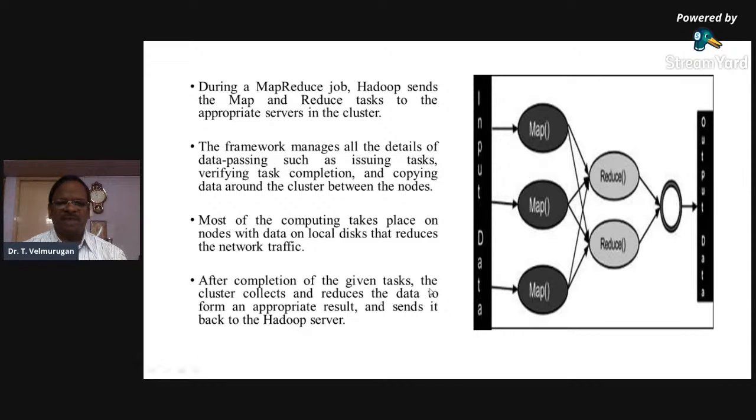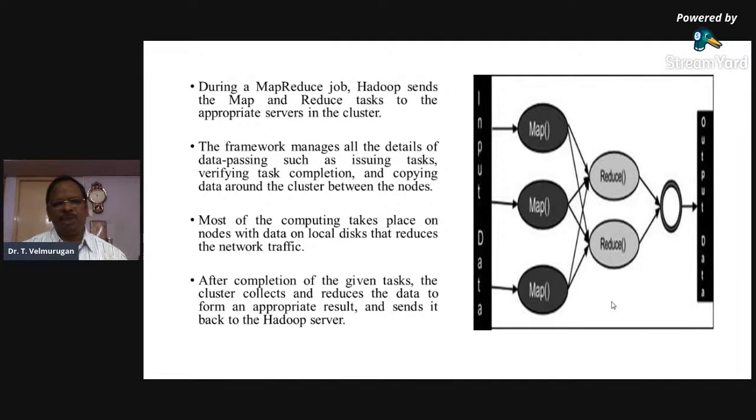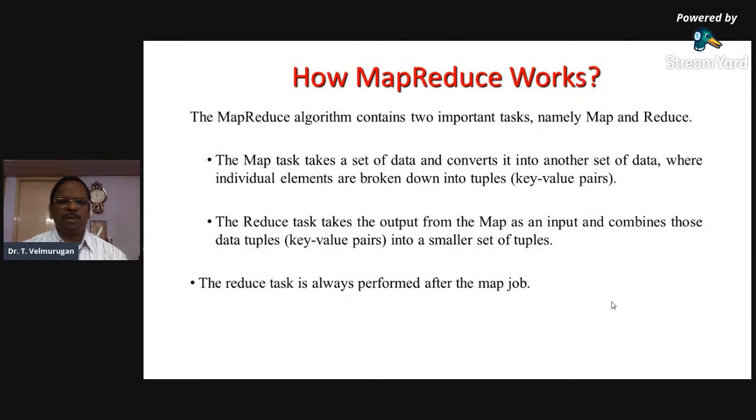After completion of the given task, the cluster collects and reduces the data to form an appropriate result and sends it back to the Hadoop server. This is the small kind of work done by the map and reducer tasks. How does MapReduce work? This algorithm contains two important tasks, as I already told, map and reducer.